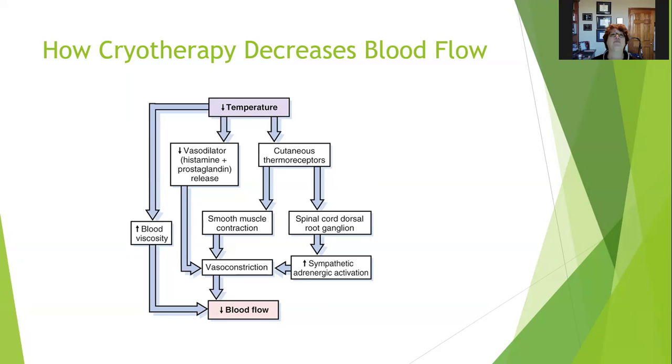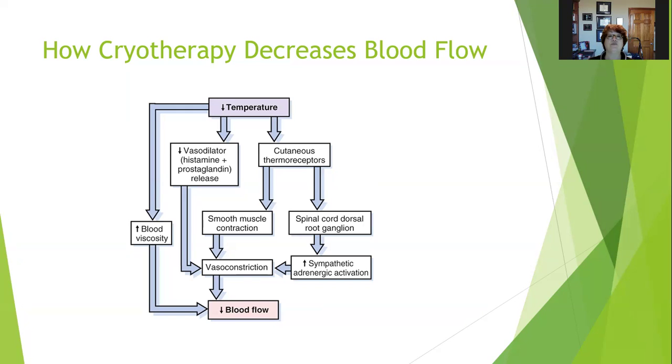Decreased temperature causes increased blood viscosity and decreased release of the vasodilators, histamine and prostaglandins. And it stimulates cutaneous thermoreceptors to stimulate smooth muscle contraction, which stimulates vasoconstriction because the little precapillary sphincters are smooth muscles.